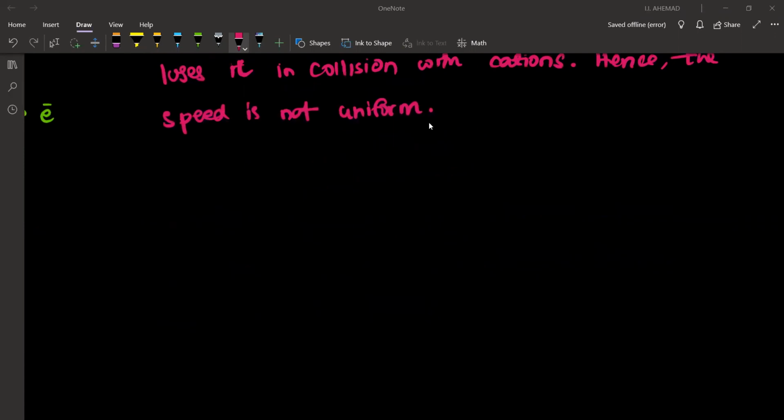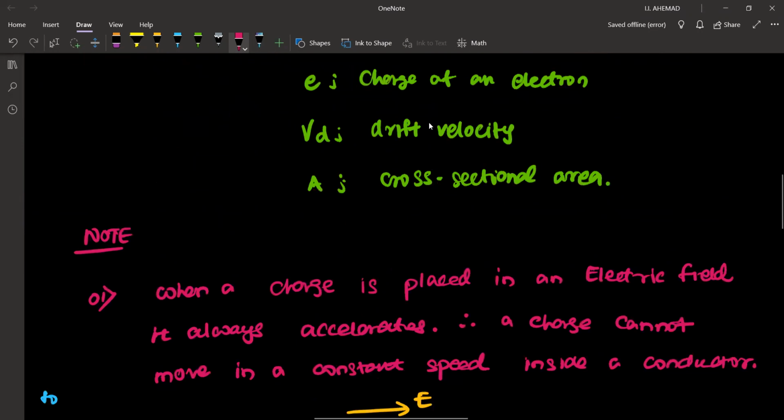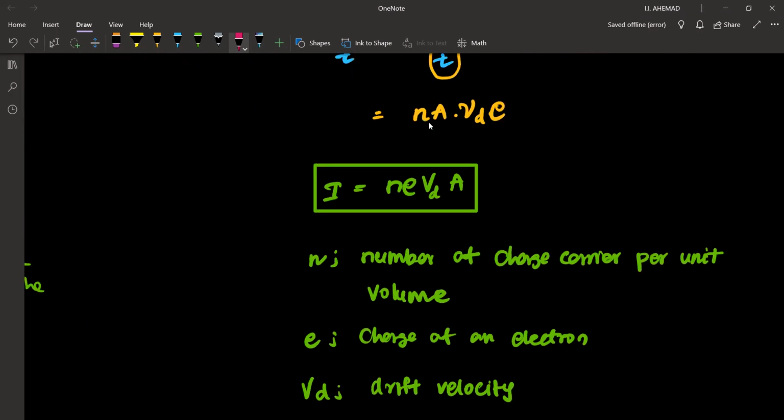Okay, note number 2. Just look at this equation. Let's consider a given material or given conductor. What are constants? N depends upon the material, so if you're using the same material, it is constant.